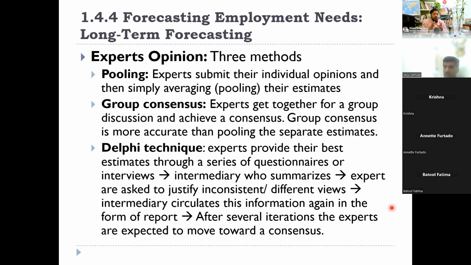Everything will fall in place, right from the recruitment to retention, motivation, everything. The iterative nature of the Delphi technique promotes collaboration and knowledge sharing among the experts, ultimately leading to more accurate and robust forecast methods.